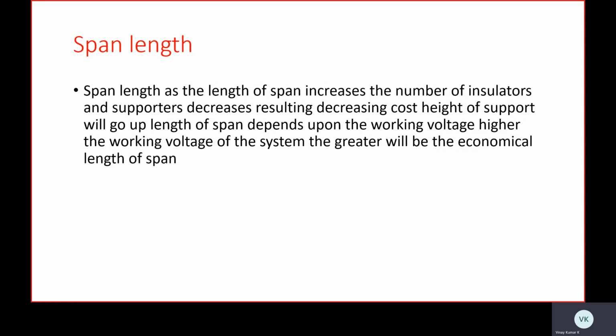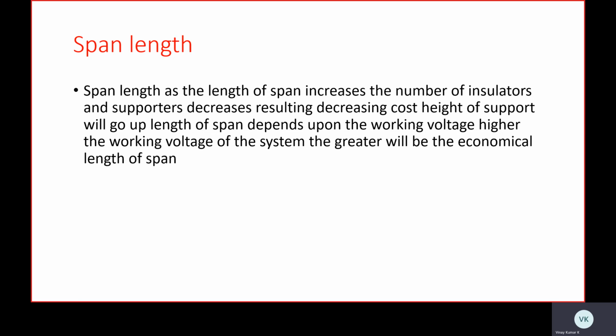The next thing is span length. As the length of a span increases, the number of supports decreases. In the span length, what happens? If the length of the span increases, then automatically the number of insulators also increases and the supports decrease, resulting in decreased cost of height.